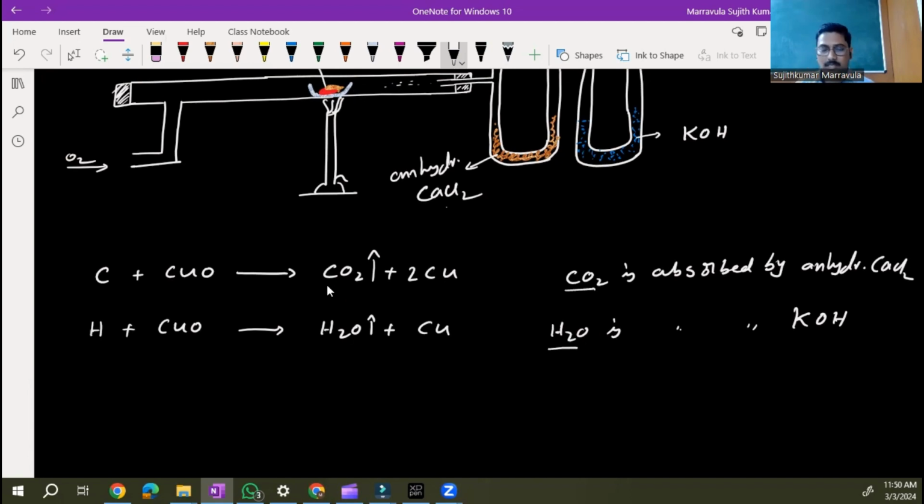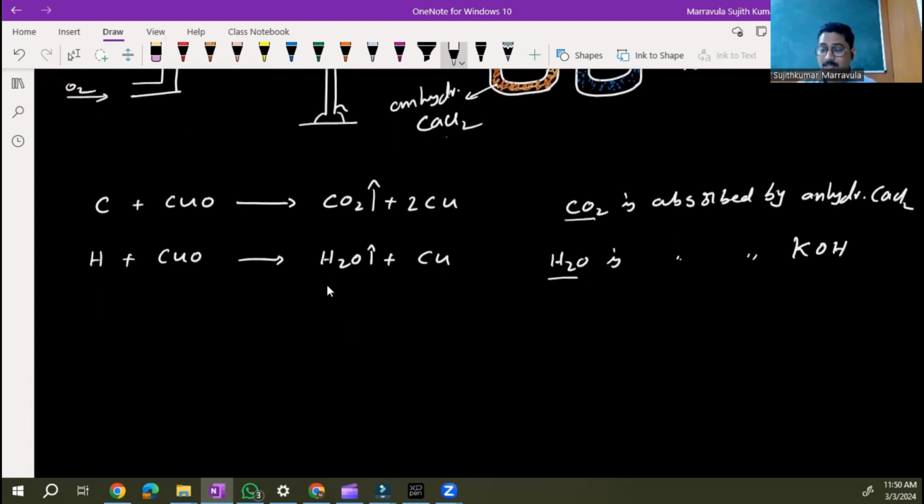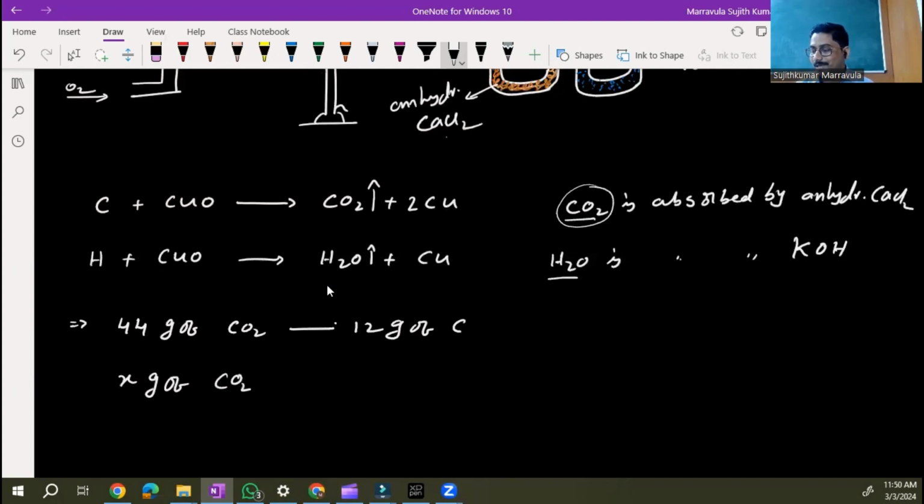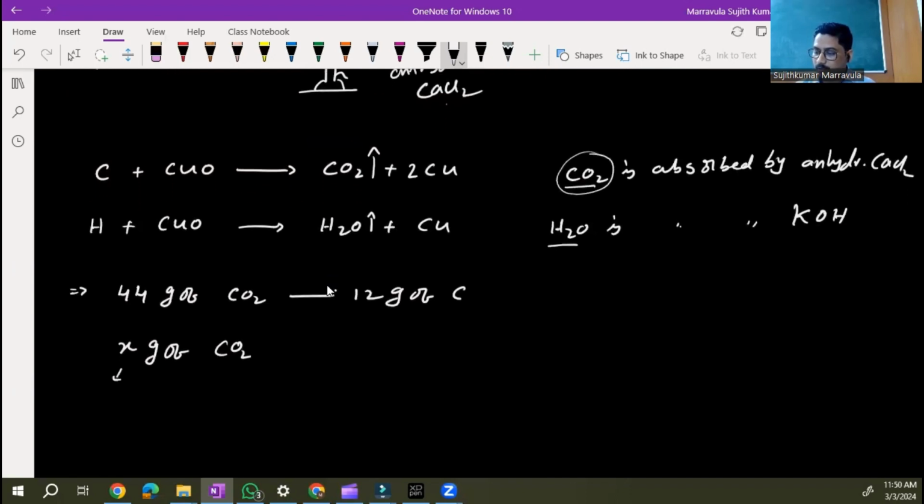In general, 44 grams of CO2 contains 12 grams of carbon. We don't know how much CO2 is produced, but it comes from the experiment. So let's consider X grams of CO2, which comes from the experiment.